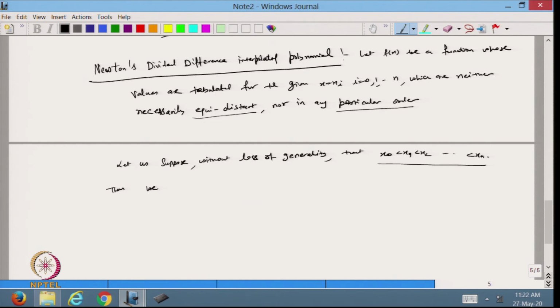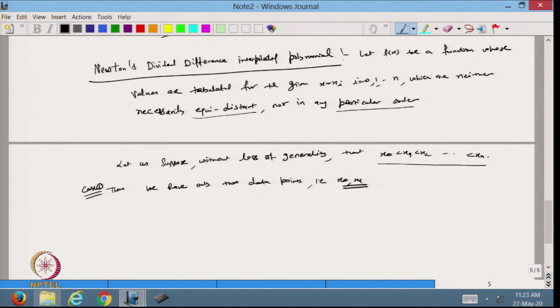Suppose we have only 2 points. So case 1, we have only 2 data points, that is x0 and x1. So, this is x0 and x1.